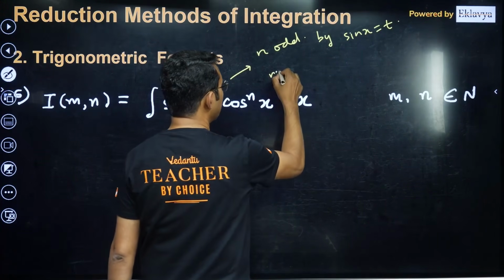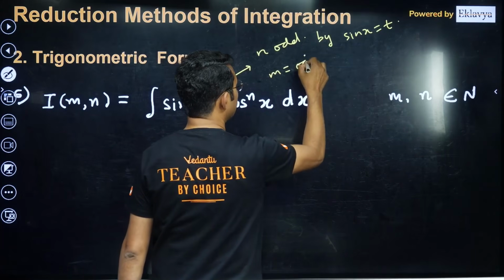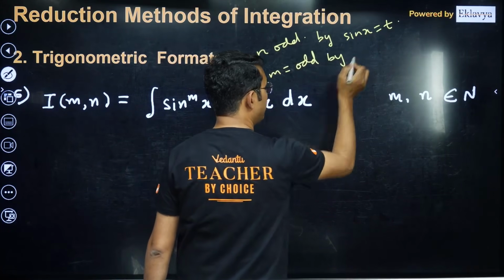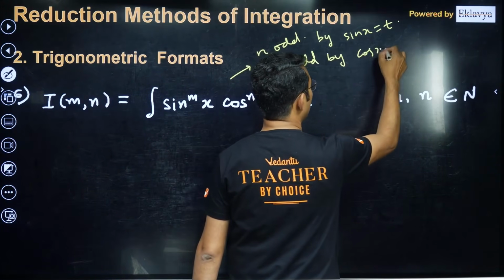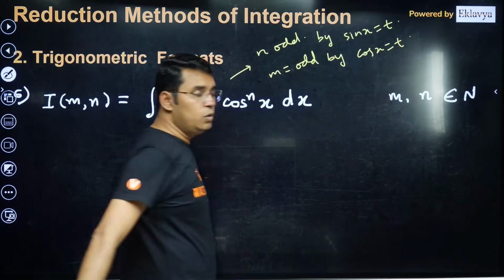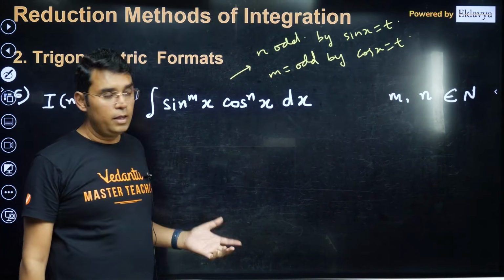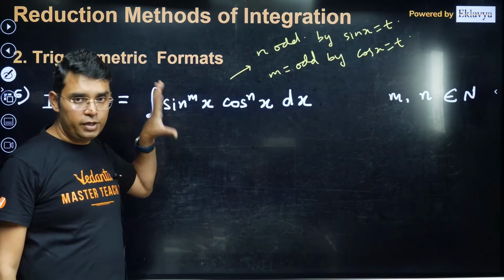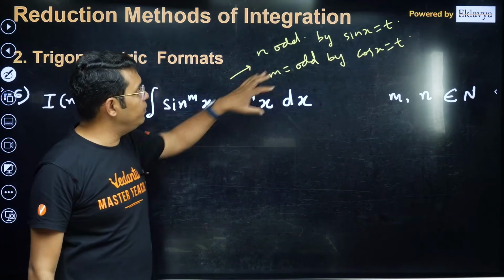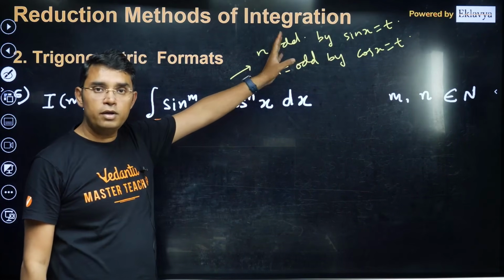If m is odd, the same explanation applies, but you have to put cos x as t, and you can do this directly by substitution as well. But if both are even, the method which I am going to tell you will cater to both cases, even, odd, whatever.